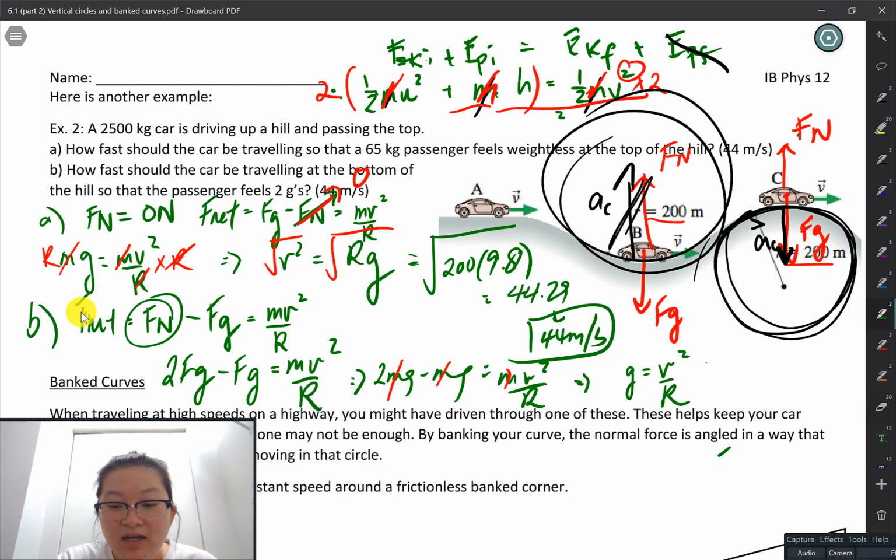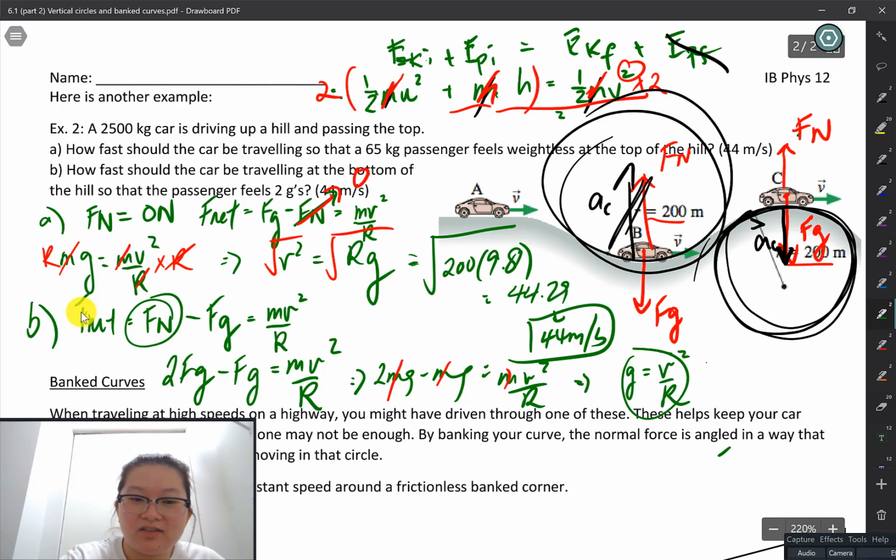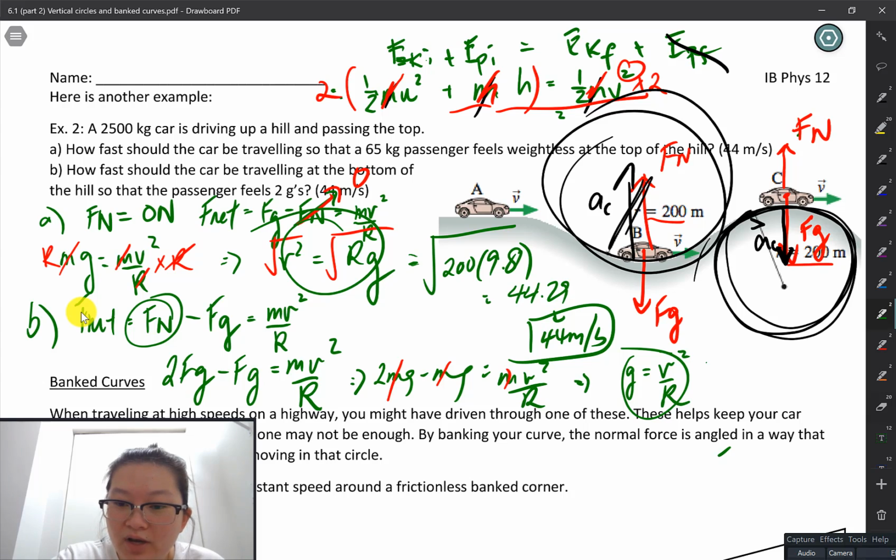Huh. Isn't that interesting? Because that just looks like the top, really. This just looks like the top over here. So if I rearrange the equation, I'm going to get v is equal to the square root of rg, and that's just going to give me 44 meters per second again.